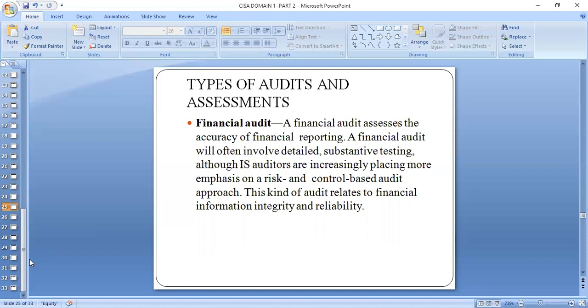So it's the audit of financial statements, the statement of financial position, otherwise called the balance sheet, the income statement, and so on, to determine the truth and fairness of the financial statements.